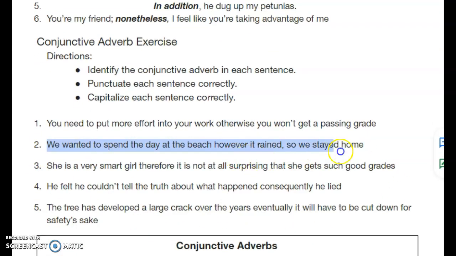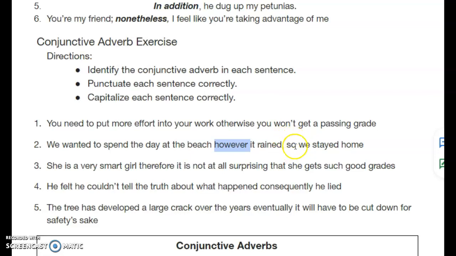All right, number 2. We wanted to spend the day at the beach. However, it rained, so we stayed home. What is the conjunctive adverb in this sentence? All right, however is our conjunctive adverb. Now notice I put a comma here, but that is because we have the FANBOYS, right?